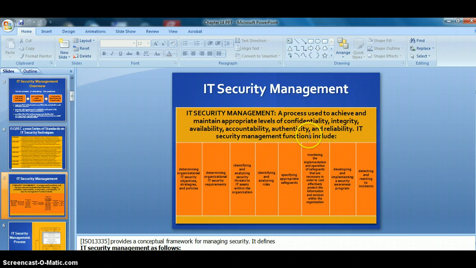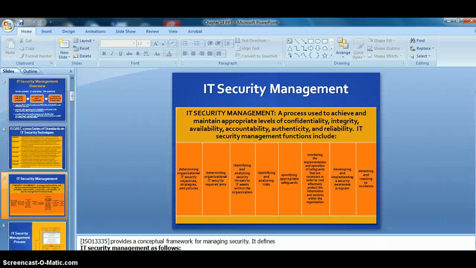The IT security management has a function which determines organizational IT security objectives, strategies, and policy. One of the functions is to determine the organizational IT security objective. What is the objective of the security? What is the strategy of the security?